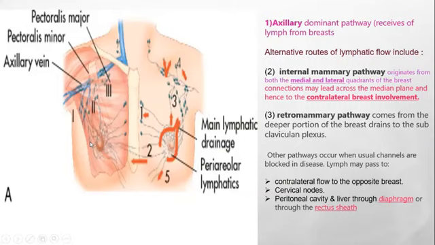Though this is rare, in my experience, I have a couple of cases where I could trace the malignancy from the medial aspect of one breast extending through the subcutaneous tissue, crossing the midline into the contralateral breast. Also, the other way is to cervical nodes and peritoneal cavity and liver through the diaphragmatic pathway or the rectus sheath.